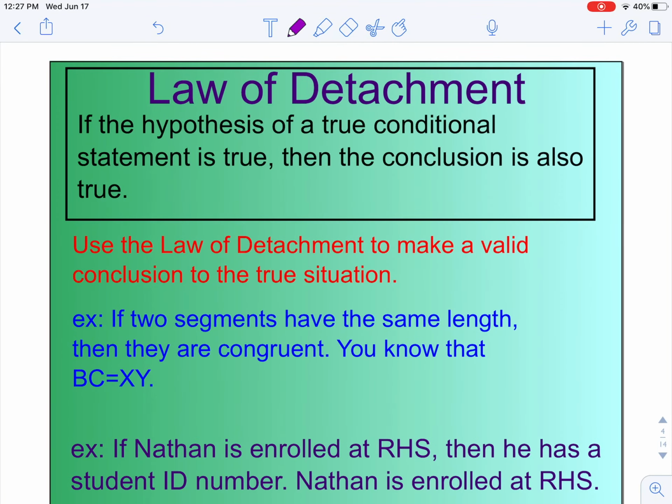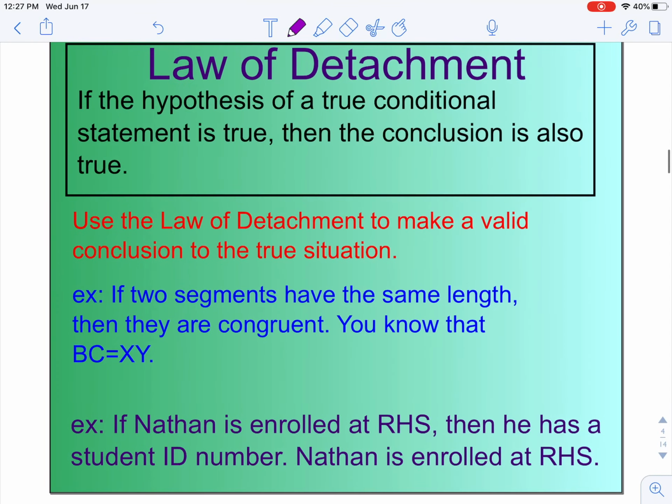So let's talk about the law of detachment. The law of detachment is: if the hypothesis of a true conditional statement is true, then the conclusion is also true. So use the law of detachment to make a valid conclusion to the true situation. If 2 segments have the same length, then they are congruent.